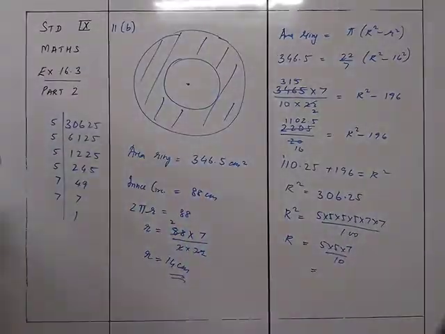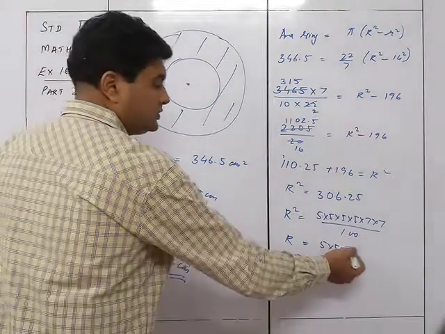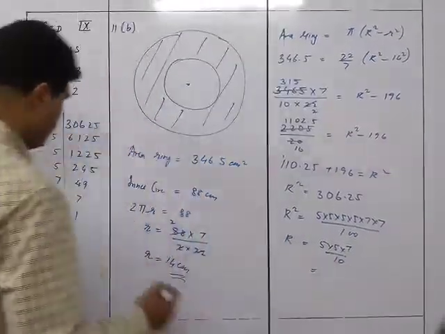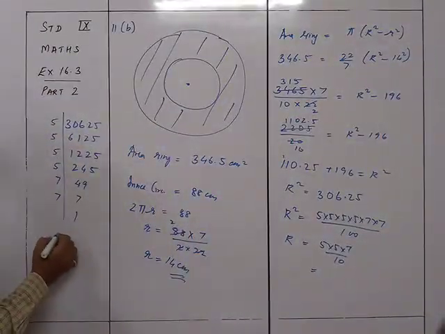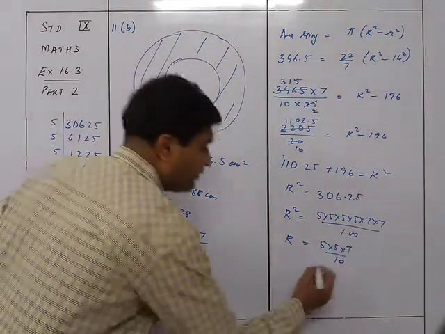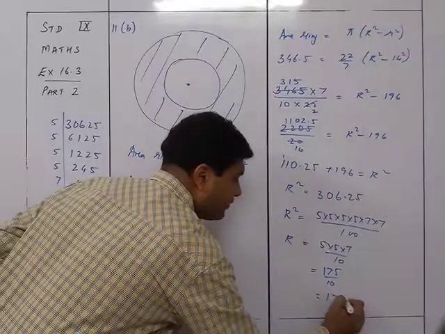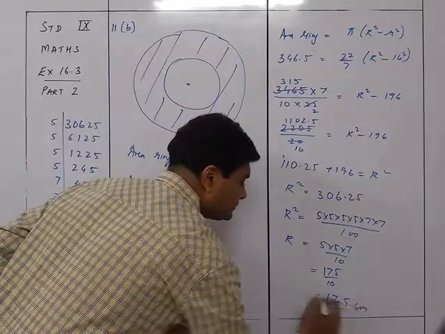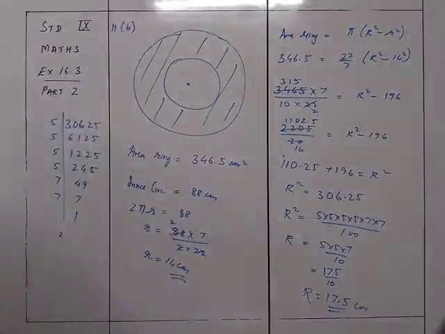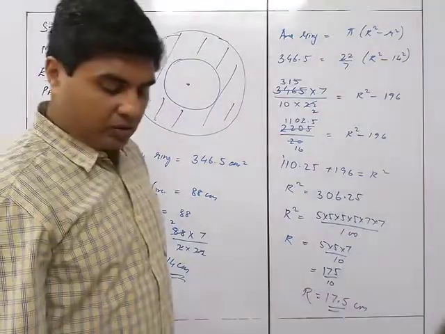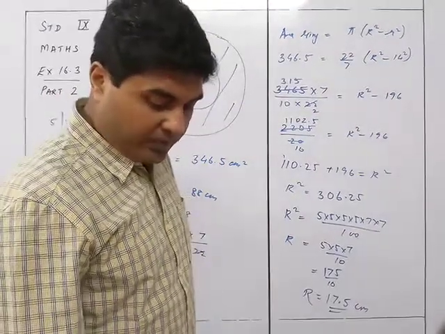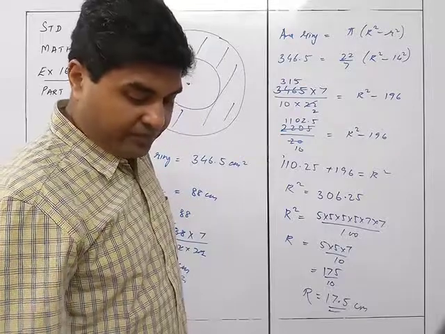That is going to be 35, 35 5s are 175. So 175 upon 10 is equal to 17.5 centimeters. Got it? So the radius of the outer one will be 17.5 centimeters.